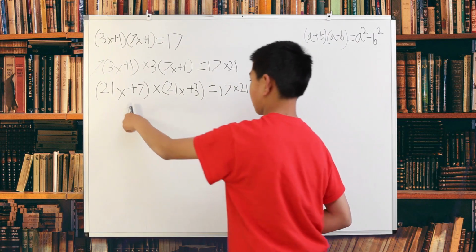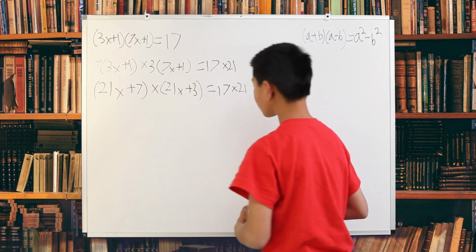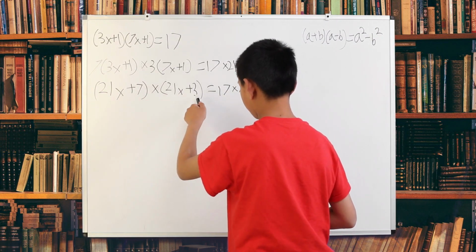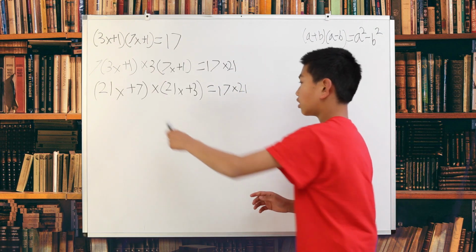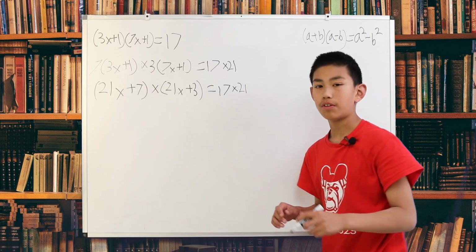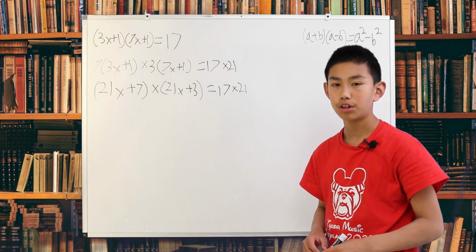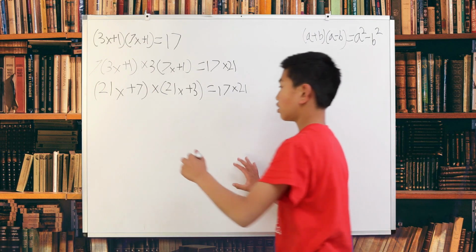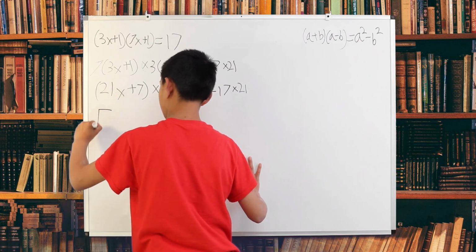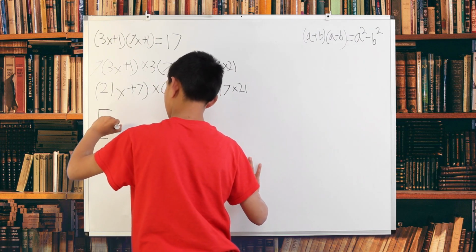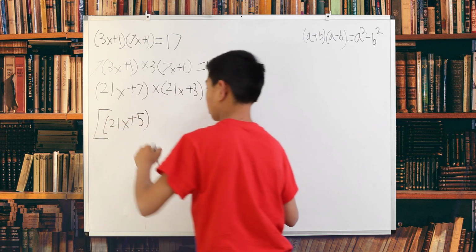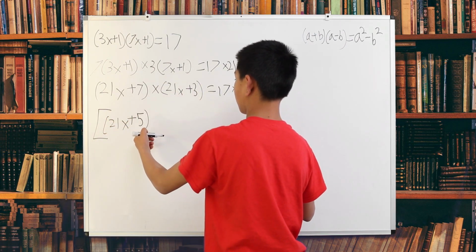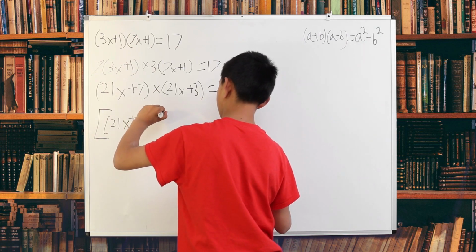So now we have the same a, but we have to make this the same too. So we can add these two together and divide by 2 to get the middle number, which is 5. So 21x plus 5. This is a plus 5. We have to add 2 to get 7.